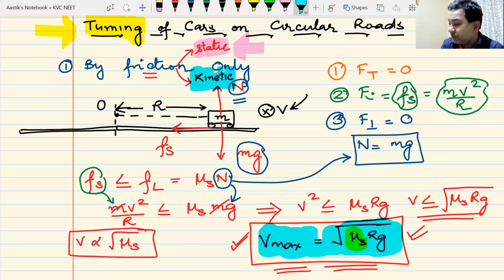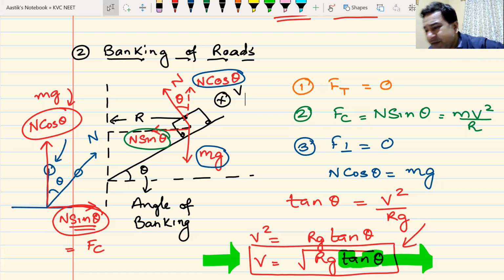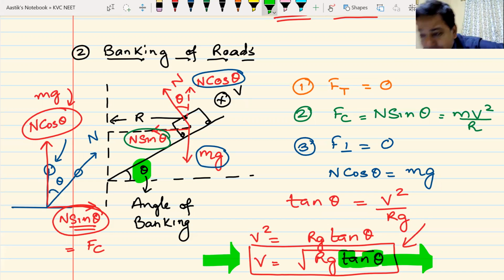Then we saw that there is one more thing that we can do to turn the vehicle on a circular road, and that is to bank the road, make the road at an angle. This angle theta, which I'm marking right now with green, is known as the angle of banking.